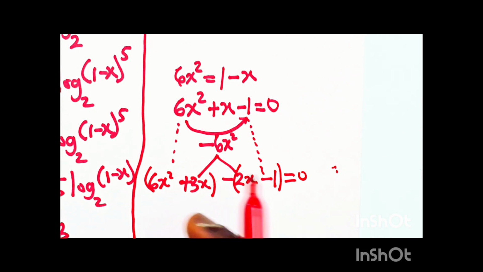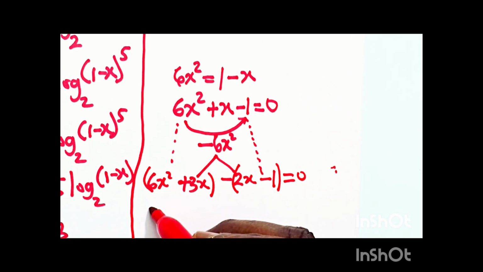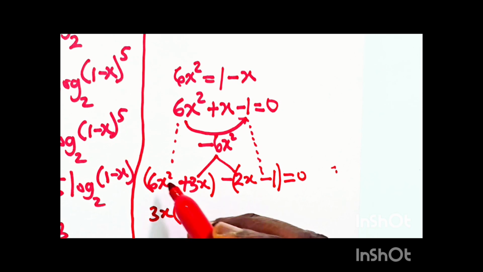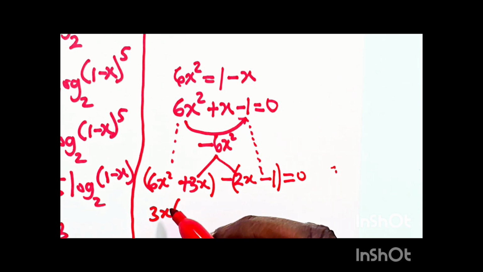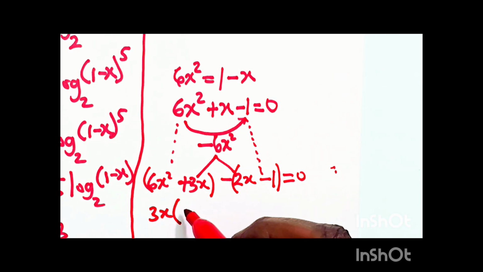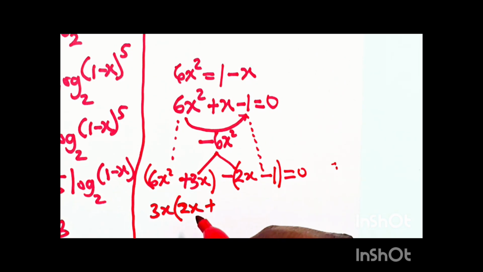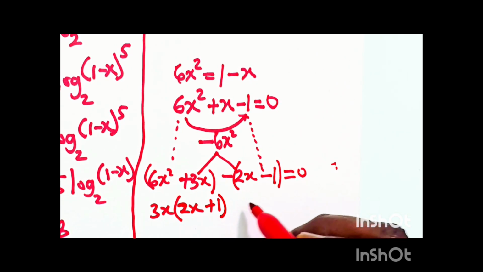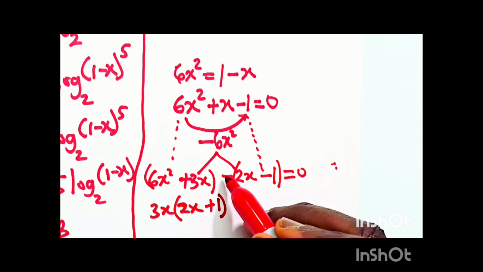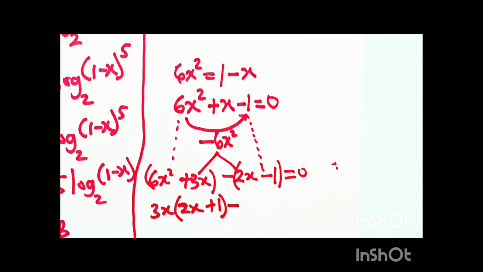So we look for the factor, and the factor here is going to be 3x. 3x into 6x squared gives 2x, and 3x into 3x gives 1. Don't forget, whatever sign you see outside the bracket here, put it outside there before you think of any other thing.